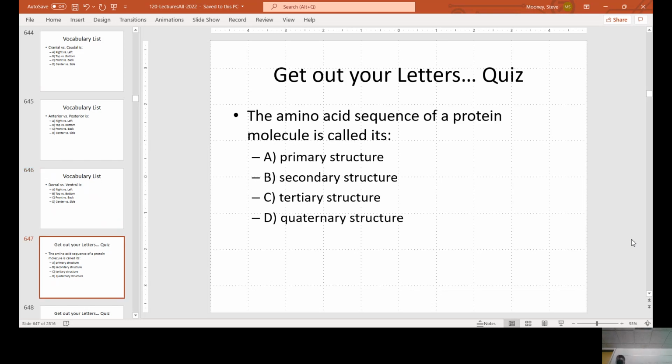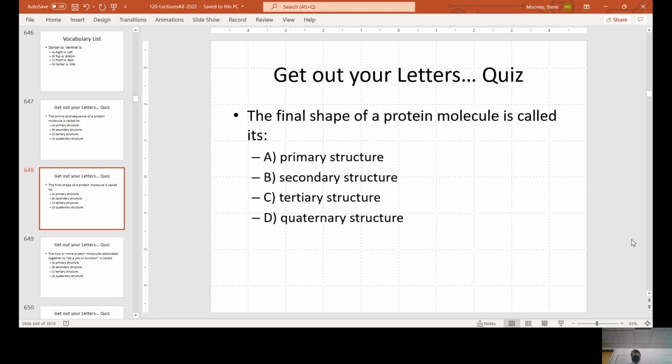Amino acid sequence of a protein molecule is called its what? Primary, secondary, tertiary, quaternary structure. Amino acid sequence is primary structure, A. Final shape of a protein molecule is called its what?